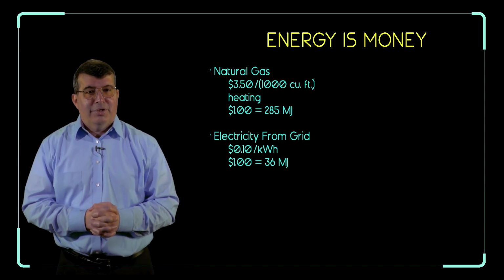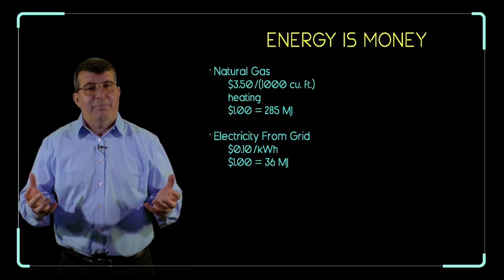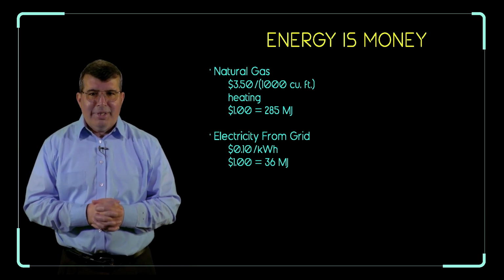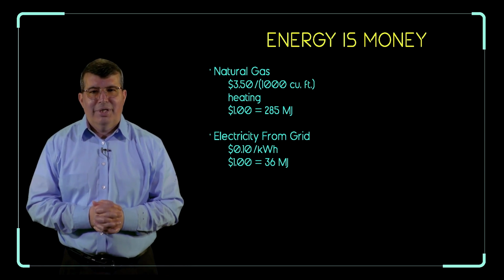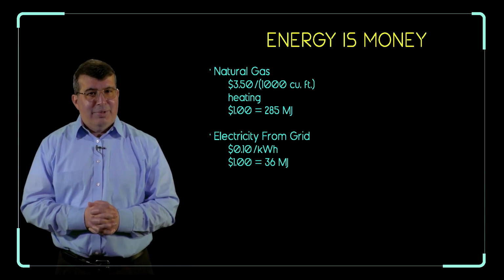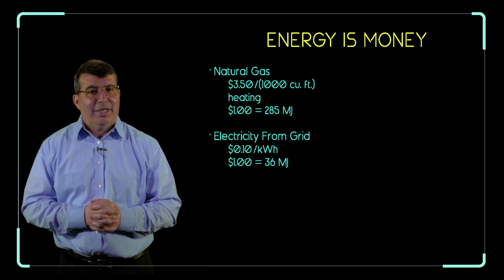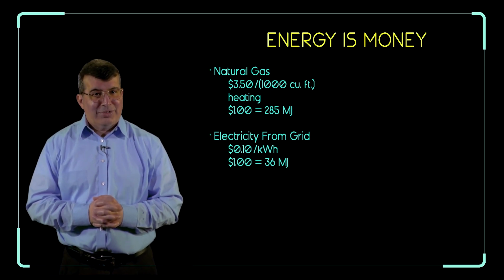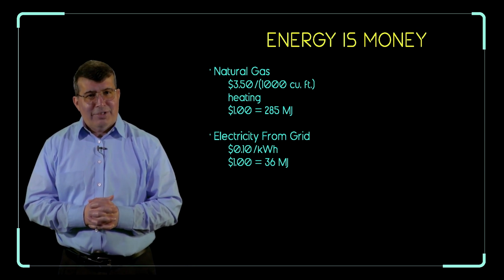So you might ask, well, why does the electric company only give me 38 million joules of energy for my dollar, whereas the gas company gives me 285 million joules of energy? Well, the first thing is, how does the electric company generate its electricity? A lot of times they burn natural gas, okay? So they have to buy natural gas, and then they burn it, and that is very inefficient.